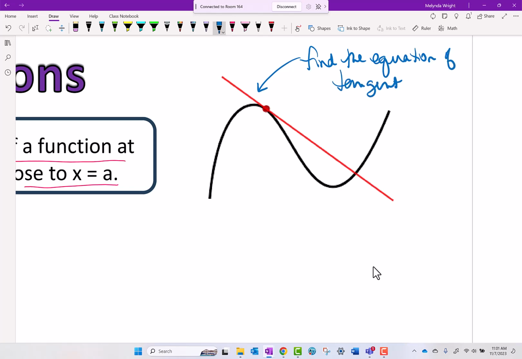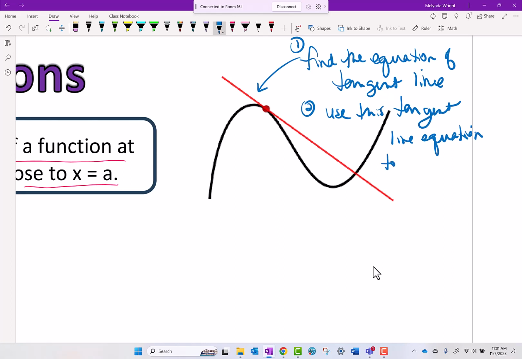So that's our step one. Then step two is we will use this tangent line equation to approximate a function value.